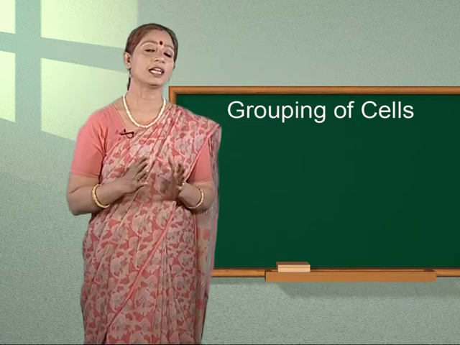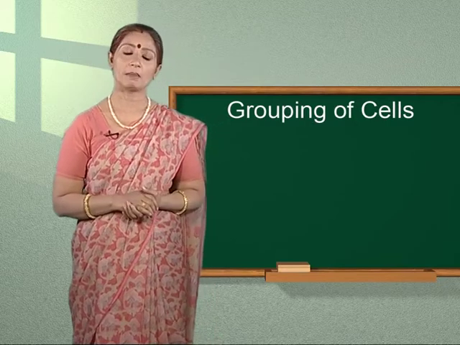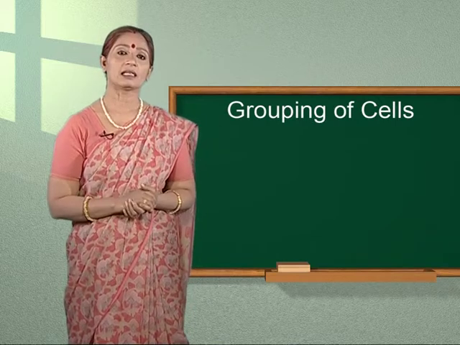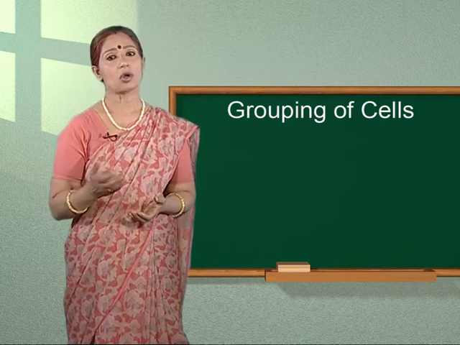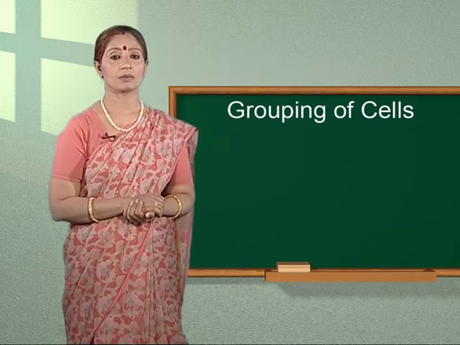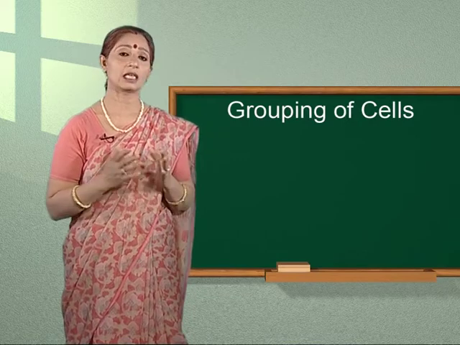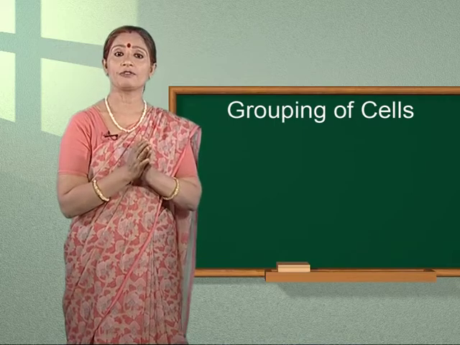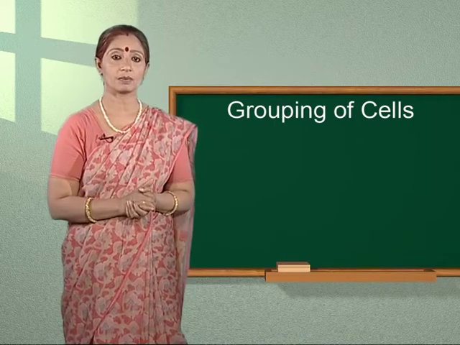That is, the effective EMF is equal to nE minus 2E. When n cells, each of internal resistance r, are wrongly connected in series, the total internal resistance of the cells is equal to nr. That is, there is no effect on the total internal resistance of the cells.